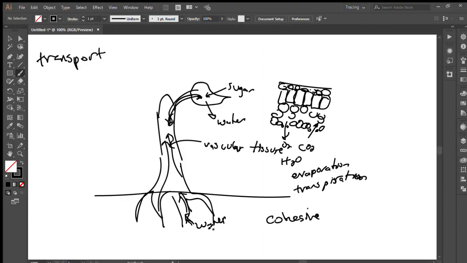So all that cohesion causes pressure or a drag, which drags everything up into the plant. That's why xylem can flow up, because of that cohesion of water. Hopefully that makes sense. It's not completely understood, but that's the main way that it travels.